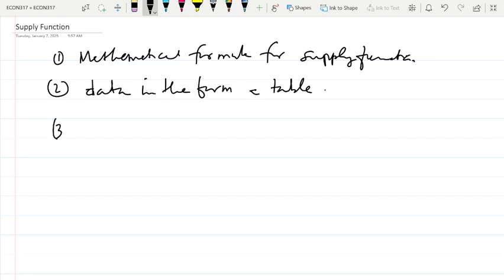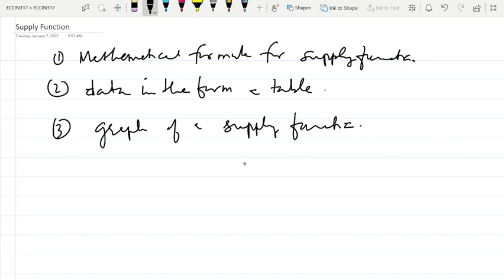And then the third one, we could draw a graph, or we might be given a graph of a supply function. But we know the convention in economics is that when we say graph of supply, we would actually be drawing the graph of an inverse supply function.